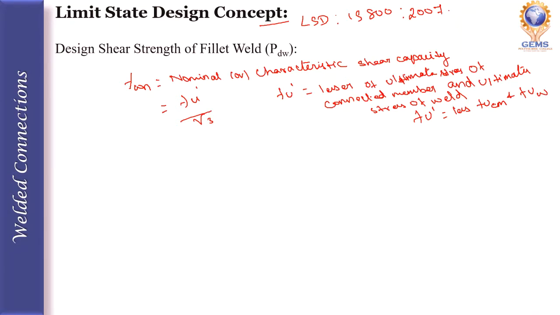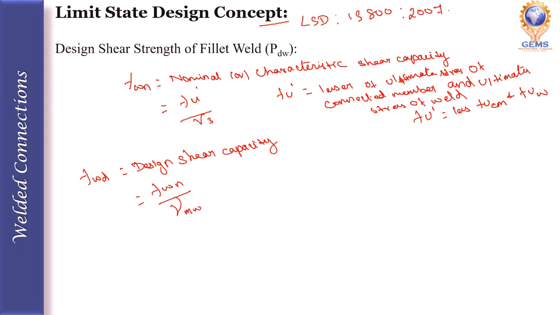So once we find the nominal or characteristic shear capacity, then we go with the shear capacity of the fillet weld. FWD is the design shear capacity of fillet weld, that is equal to FWN by gamma MW.